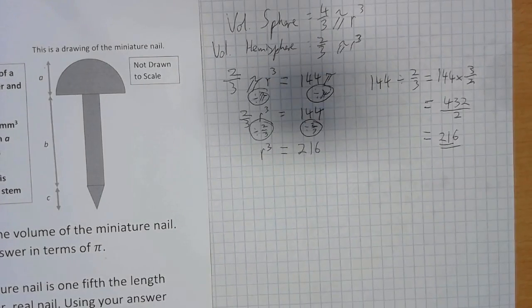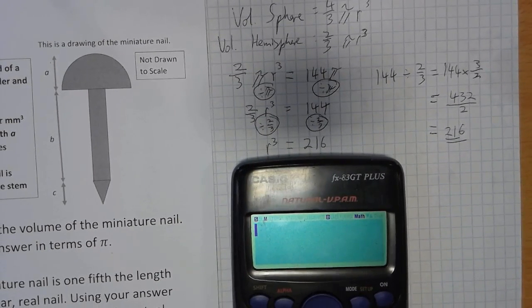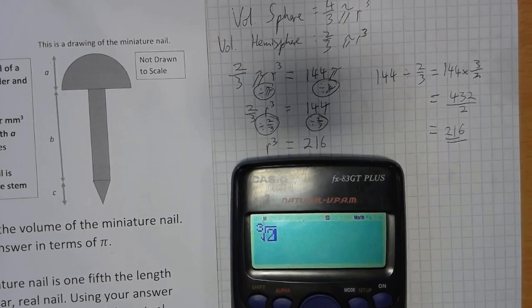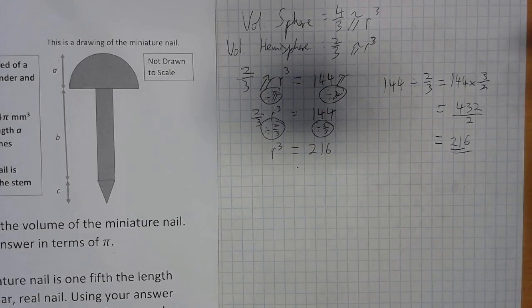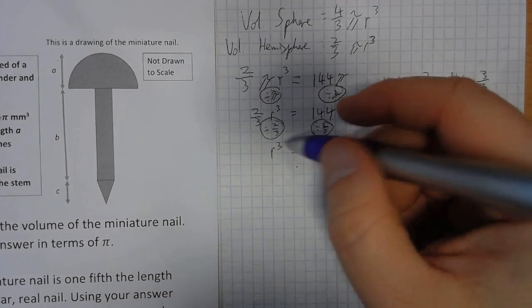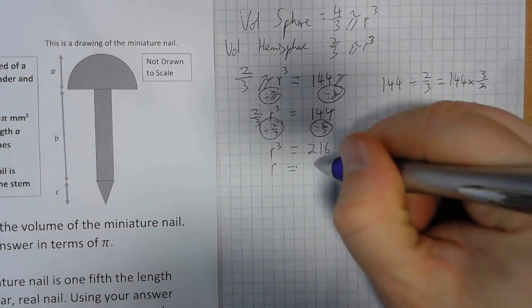Now you may not know the cube numbers up to 216, so I would allow you to use a calculator. It is actually 6. 6 cubed is 216. So you would do cube root 216 equals 6. So r cubed is 216, so r is equal to 6.